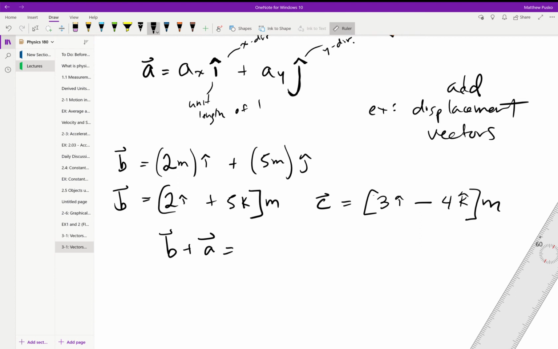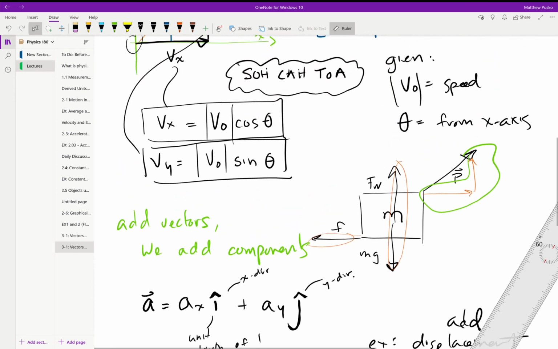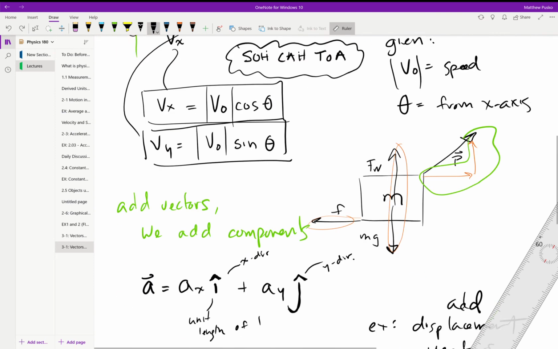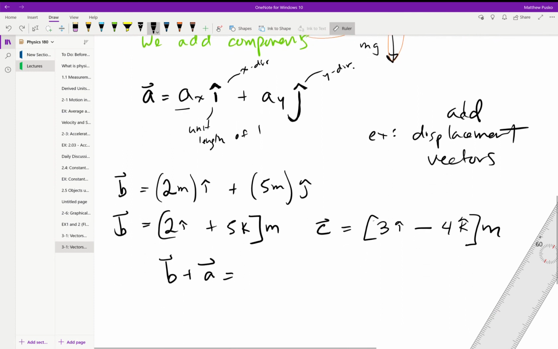This is why if we had a vector given to us where the magnitude and the direction were given, we would want to break it up into its x and y components first. We want to put it in i, j, k form first.